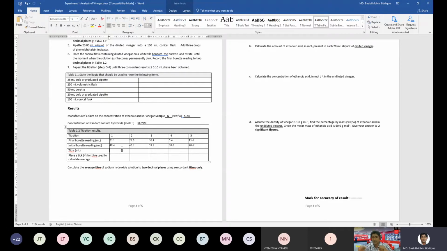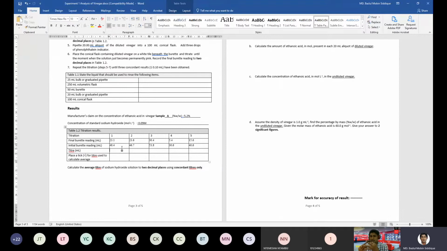That is the titer. So we cannot do only one run. If we do one run, that is a very big mistake. At least we should do 3 runs in the lab, and we will see whether the results are close to each other.